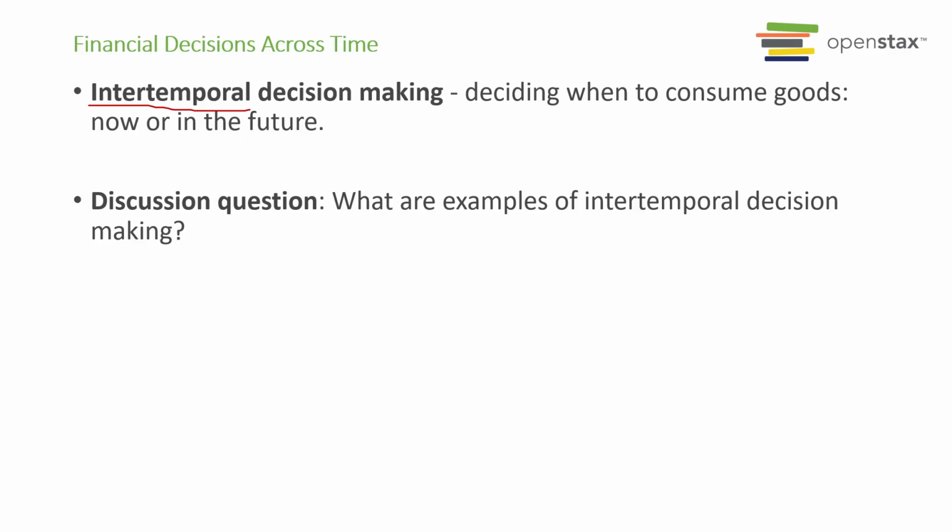They might not be able to afford it now, but they have a goal in mind and they want to make that purchase. So these are what we mean by that. I'd like you to think about some other examples of intertemporal decision making. It could be something like saving up to buy your first car. There are plenty of examples you can hopefully think of.